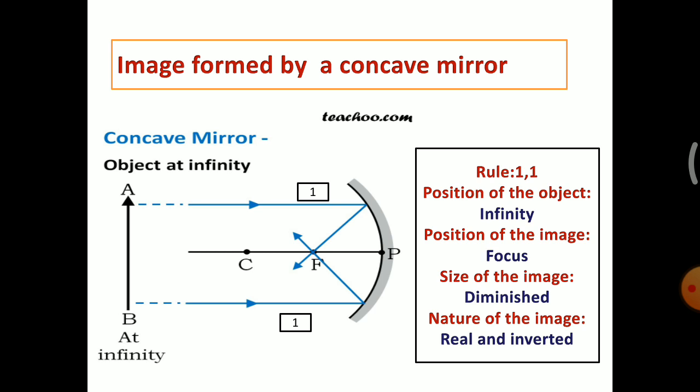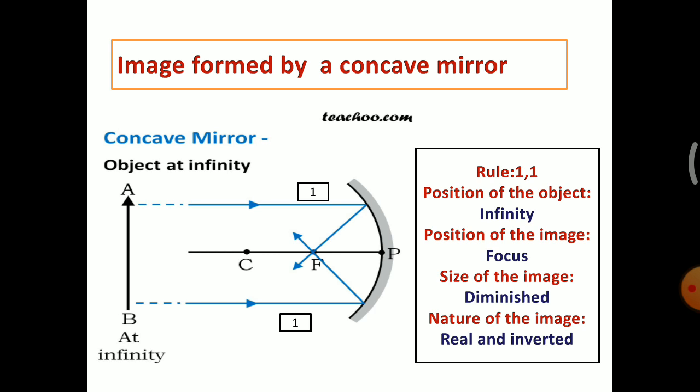The ray parallel to the principal axis, after reflection, passes through the focus. The second ray, parallel to the principal axis, after reflection also passes through the focus. These two reflected rays meet at the point focus. So this is the position of the image. So we can write the position of the image is focus.